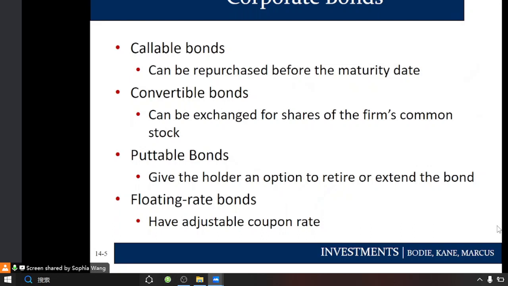But if the outside environment is very bad, then I prefer holding bonds, not stocks. So if IBM has both bonds and stocks, it allows you to change bonds to stocks or stocks to bonds flexibly. So this means convertible bonds.